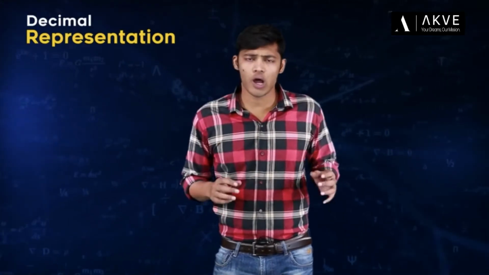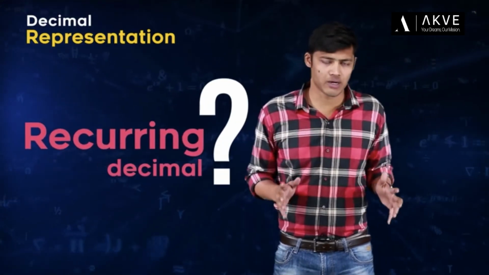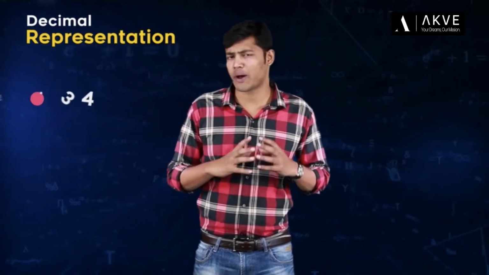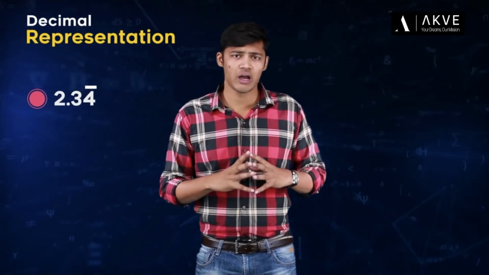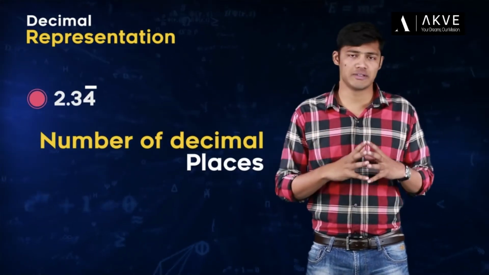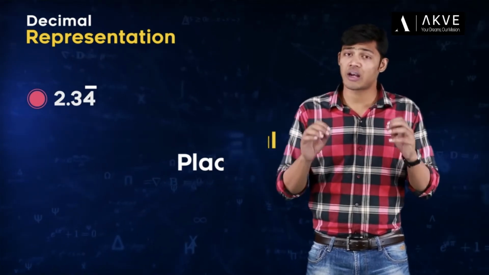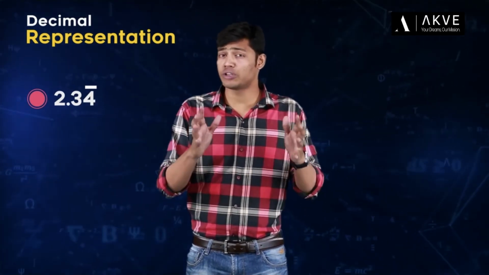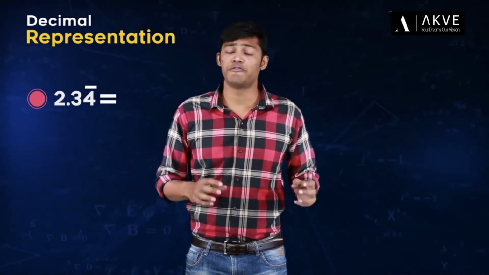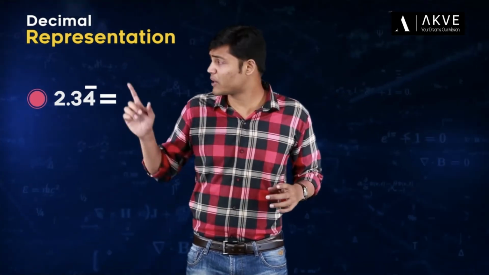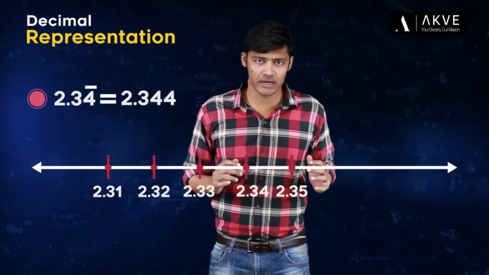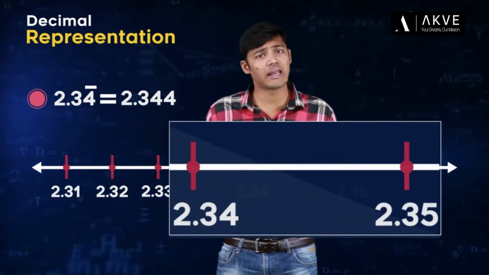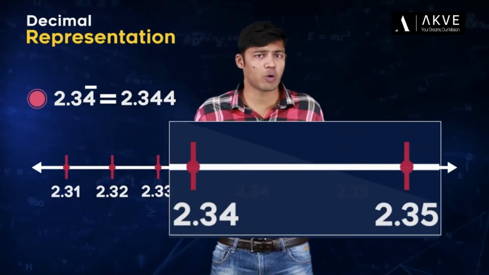Now let's see how we can represent a recurring decimal like 2.34 bar. But for this we need additional information regarding the places of decimals. That is, if we are asked to represent up to 3 decimals, that is, if we are asked to represent the number 2.344, we have to divide the line segment between 2.34 and 2.35 into 10 equal parts.